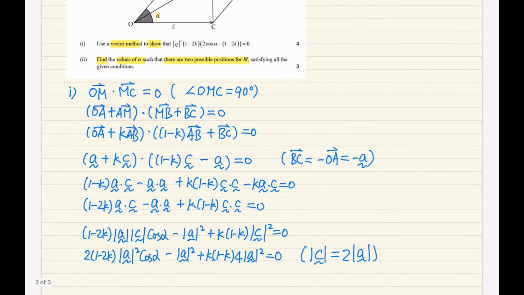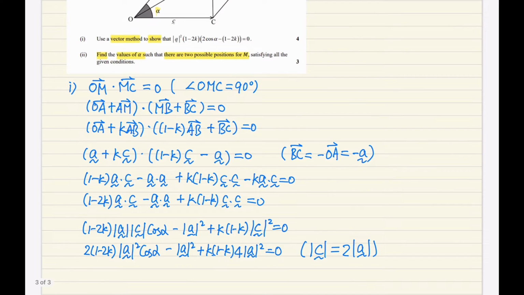For a short question, it's better to keep your eyes comparing your workout to the required-to-prove equation, which will give some clue what you need to do and what you may get. The required equation has a factor of 1 minus 2k for cosine, which matches what we have got, so I will leave the first term untouched.